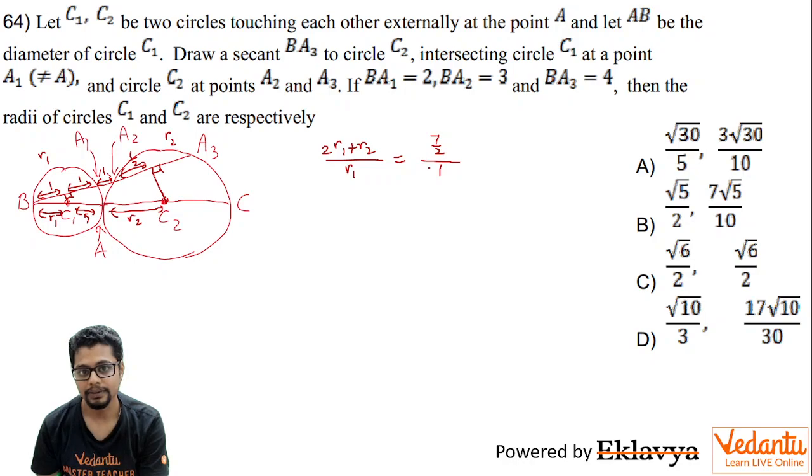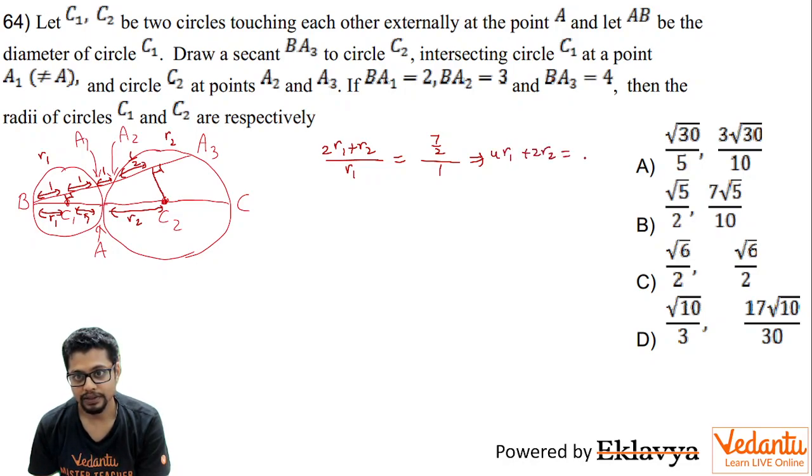Make sense? As you rearrange, you essentially get 4R1 plus 2R2 is equal to 7R1. So that means you get 2R2 equal to 3R1.